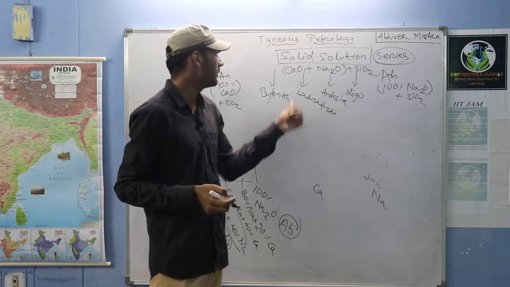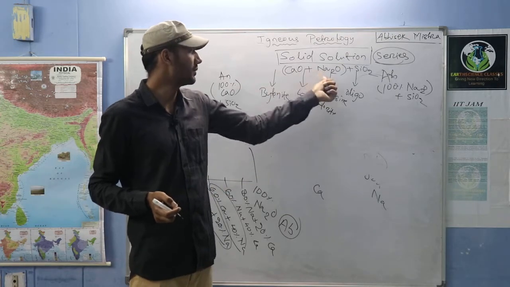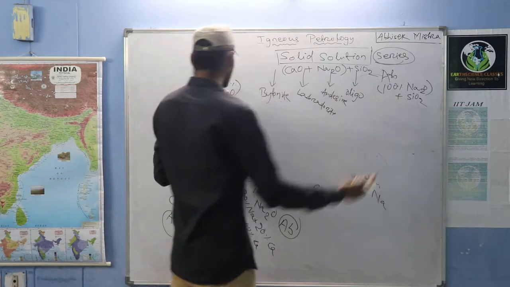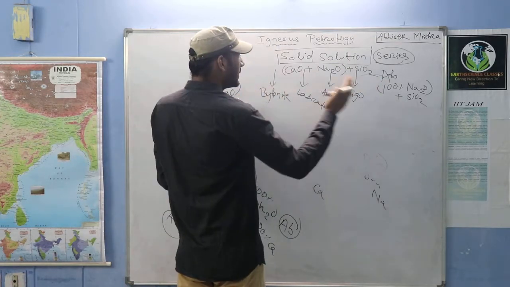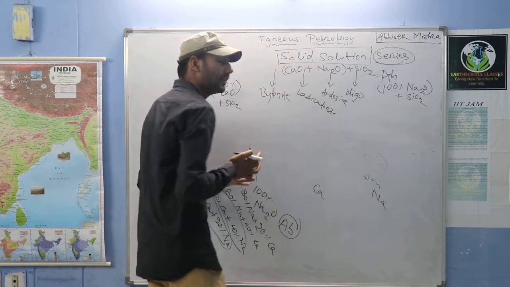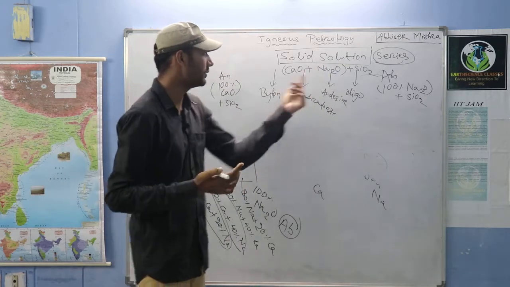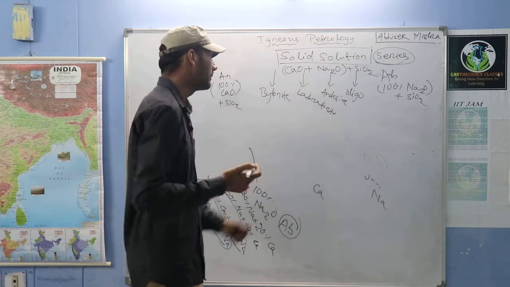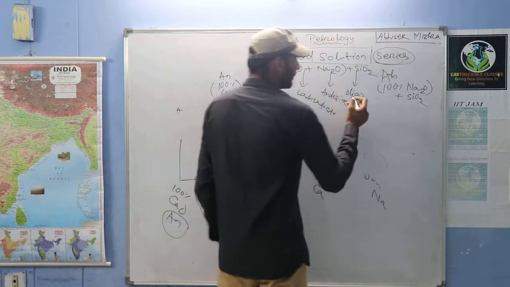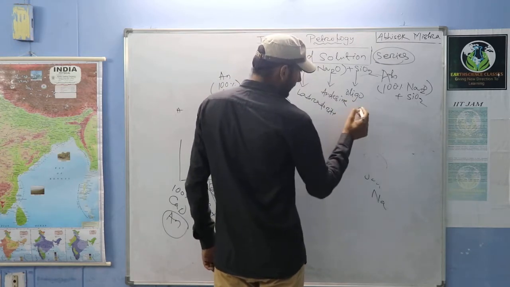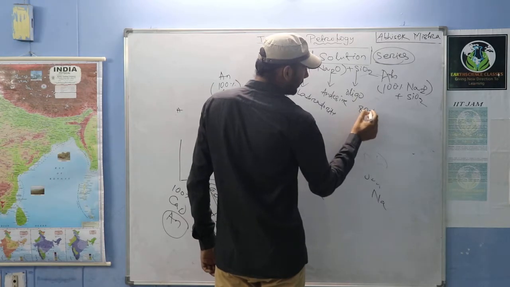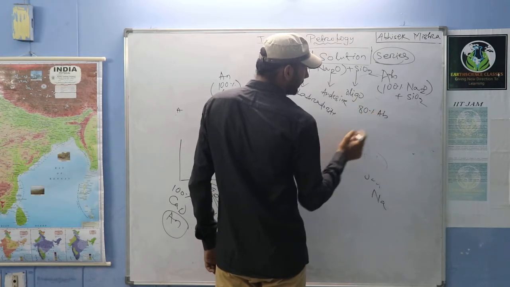These are combinations of calcium and sodium. The end members are calcium rich and sodium rich. The middle compounds are having both calcium and sodium silicates, right? So what are the percentages in oligoclase? That is, as I have told, 80% of albite.